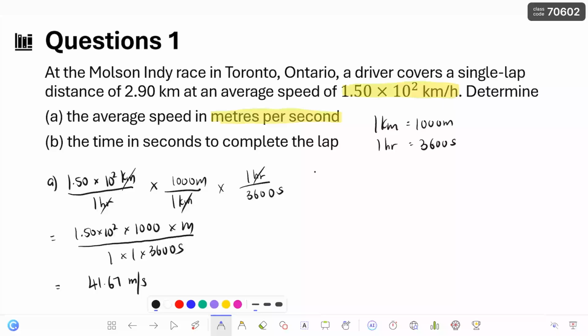And then we go for B. The question says that you need to find the time in seconds to complete the lap. The question requires us to find the time in seconds, so we know that we need to use the average speed from this question.